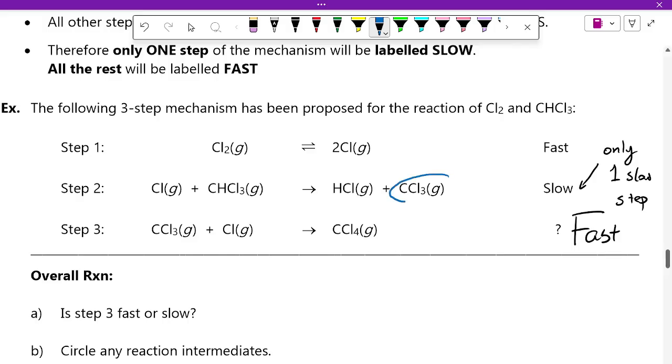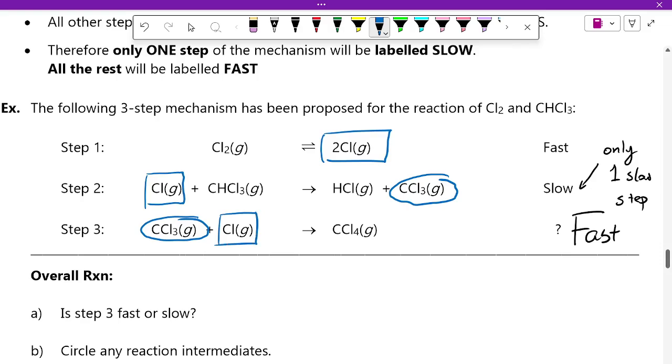CCl3 is a reaction intermediate. And sometimes I like to give them different shapes when I circle them. So maybe this one I'll give a square. And it gets used up. One of them gets used up in step 2. One of them gets used up in step 3. Do we have any more? Or is that it? No, we don't.